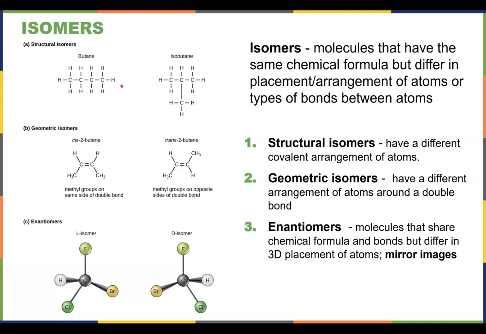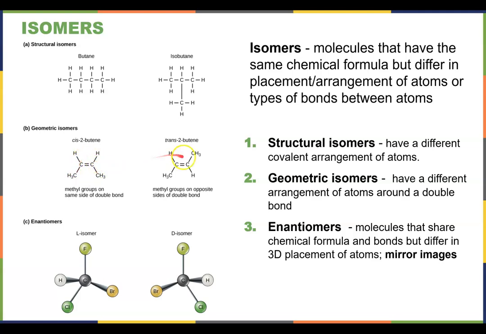So they're just a different structure, but the same amount of atoms in each molecule. So when I count up the hydrogens, there's 10 there, and then there's 10 over here as well, but arranged differently.